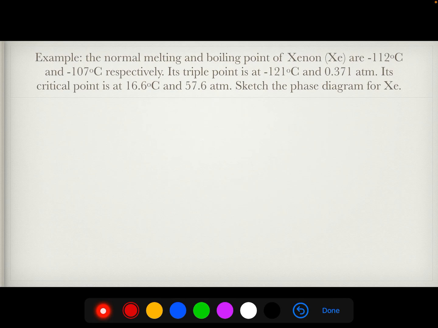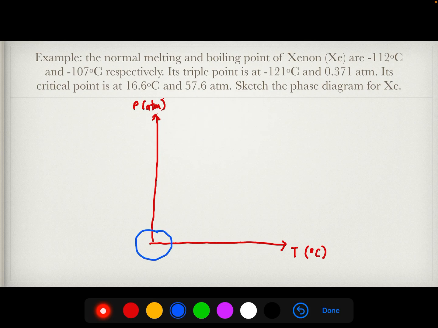So to sketch the phase diagram, first of all, let's draw the axes. The y-axis represents the pressure in atm, while the x-axis represents temperature in degrees C. Mind you, this corner does not necessarily start with 0, because we are not using the correct scale for the phase diagram.